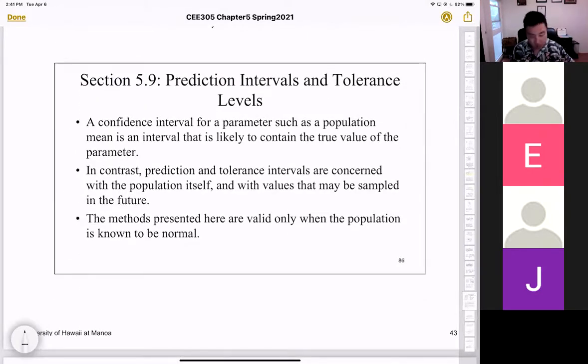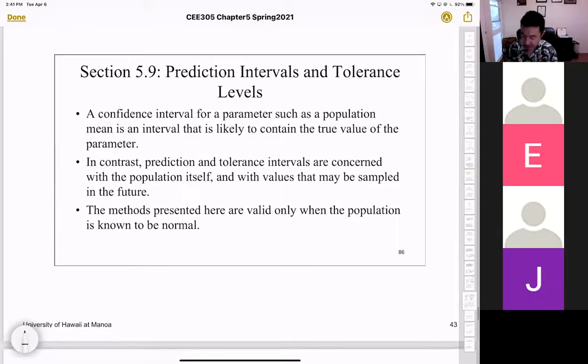The last section for chapter 5 is 5.9. 5.8 we just skip, we do not discuss 5.8. So the last sections are 5.9 and also 5.10, which doesn't have any calculation, which is simulation.